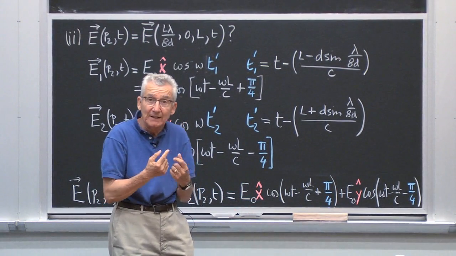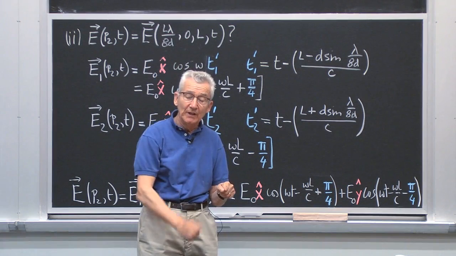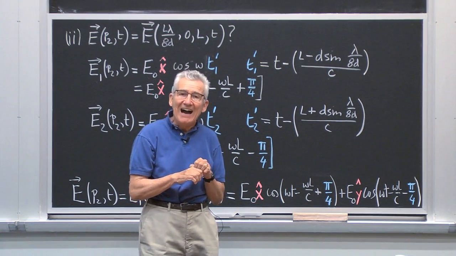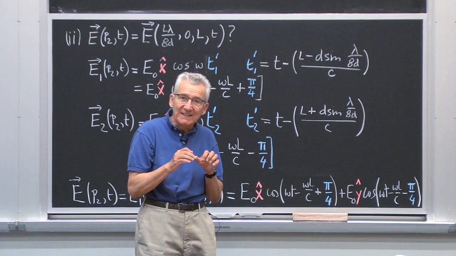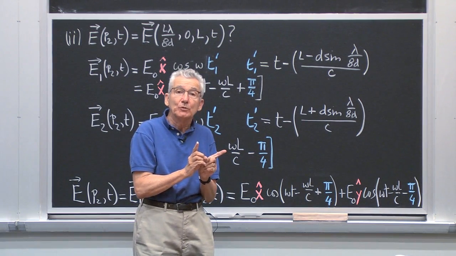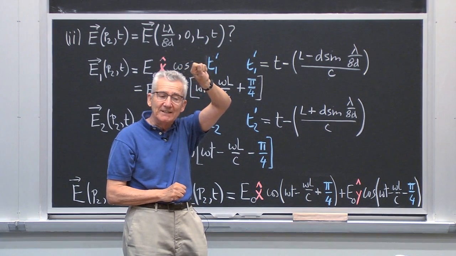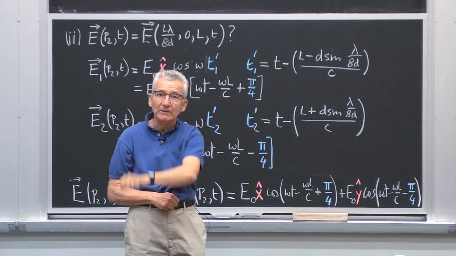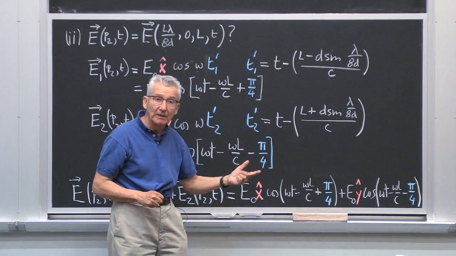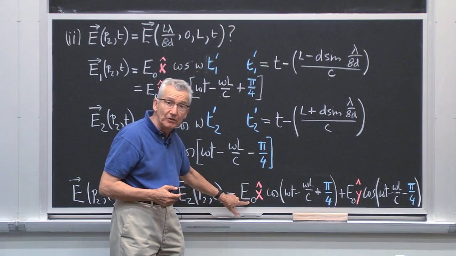If I have at the location two electric fields, one doing that and the other one doing this, and they're out of phase by 90 degrees and I add the two, what do I get? I get a constant size of a radius, and the thing is rotating. That is the description of a rotating vector of magnitude E0.